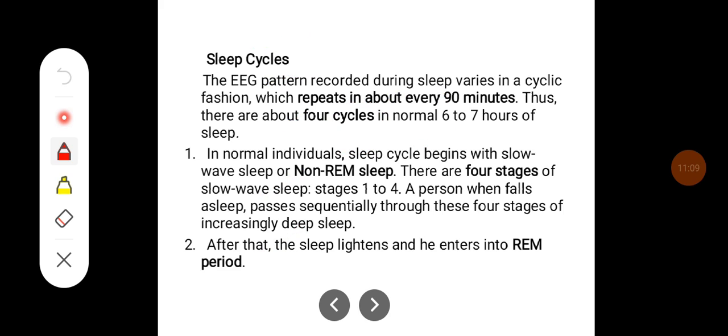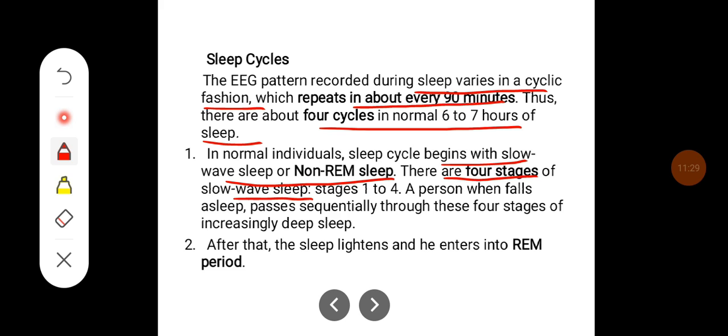Sleep cycles. The EEG pattern recorded during sleep varies in a cyclic fashion, which repeats about every 90 minutes. Thus, there are about 4 cycles in a normal 6 to 7 hours of sleep. In normal individuals, the sleep cycle begins with slow wave sleep or non-REM sleep. There are 4 stages of slow wave sleep, that is stage 1 to stage 4. A person who falls asleep passes sequentially through these 4 stages with increasing depth of sleep.